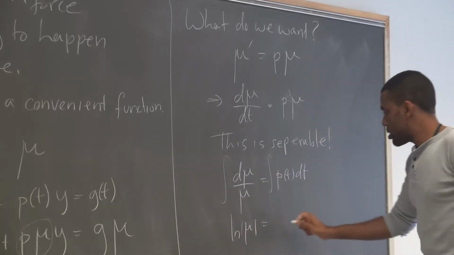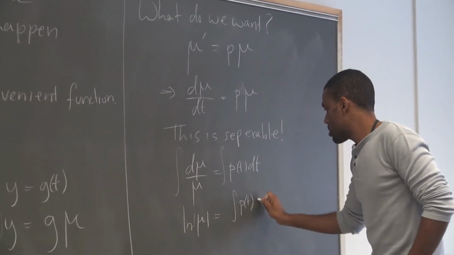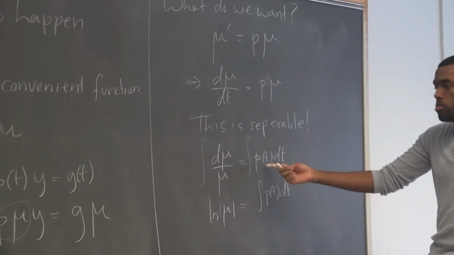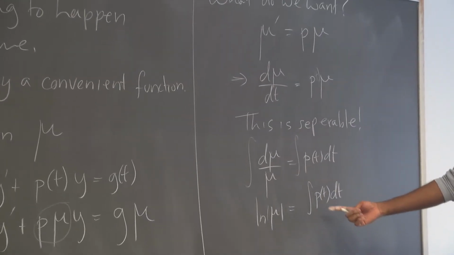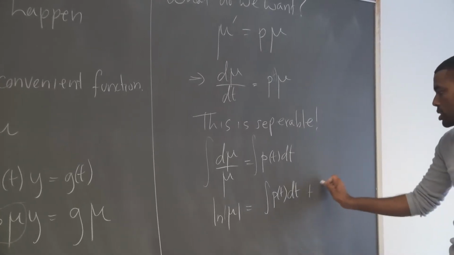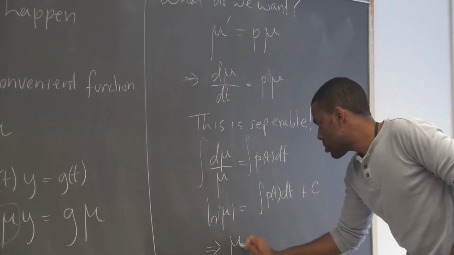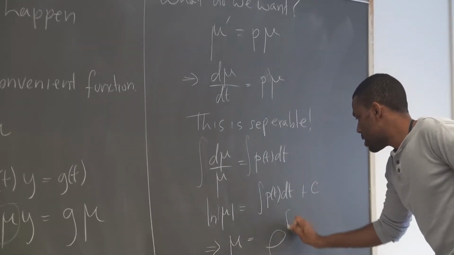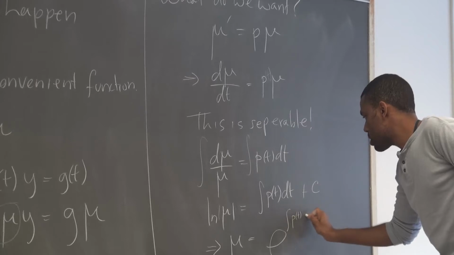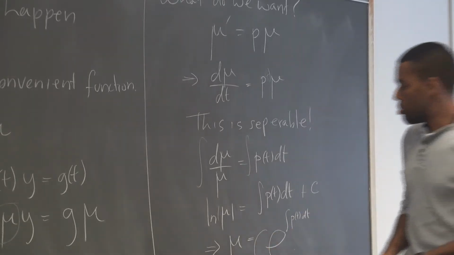Here I would get the integral of p dt, where p is an arbitrary function. I really don't know what the integral is. I'm hoping it's something nice that I can integrate, plus some constant, which means that mu would be equal to e to the antiderivative of p dt. Sure, some c could be here.